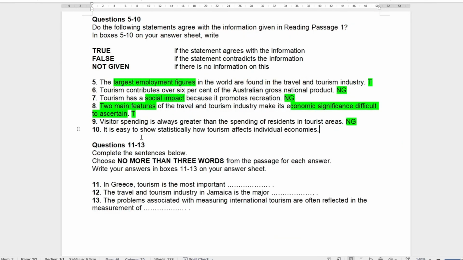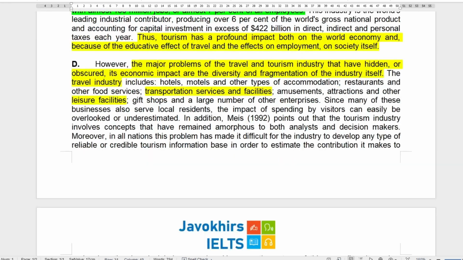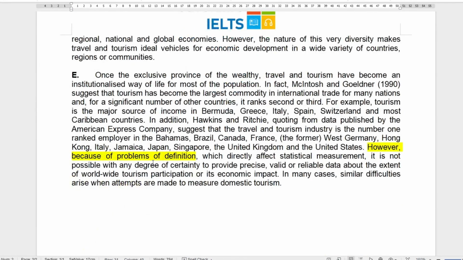So, it is easy to show statistically how tourism affects individual economies. Once the exclusive province for the wealthy, travel and tourism have become an institutionalized way of life for most of the population.